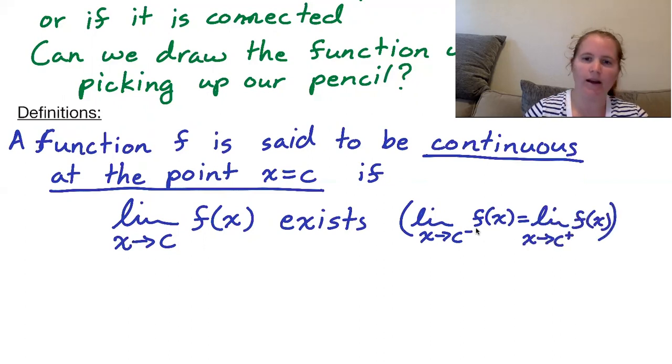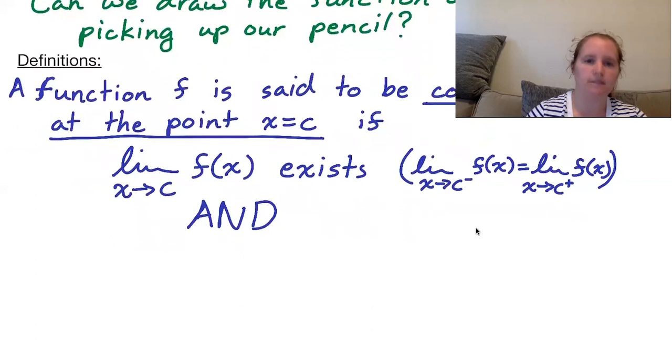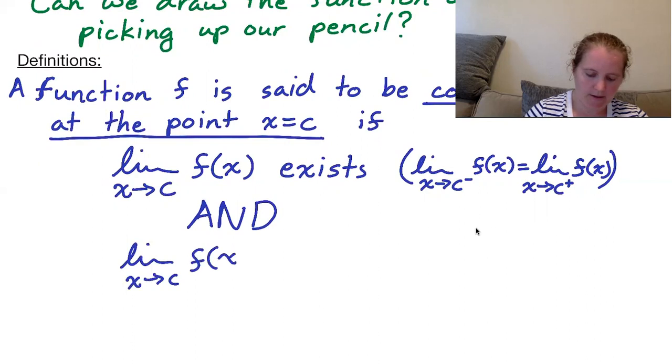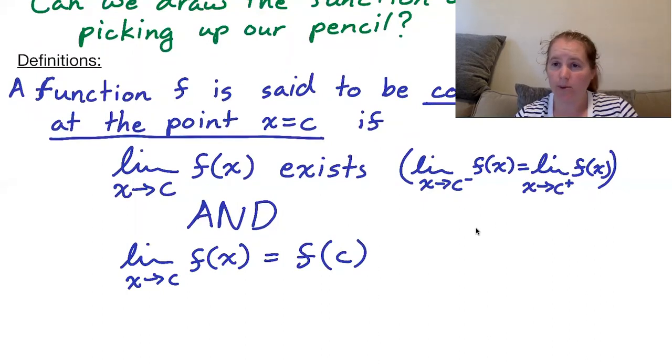And then beyond that, not only does it exist, but that limit as x approaches c is precisely the value at x equals c. So the limit as x approaches c of f of x equals f of c.